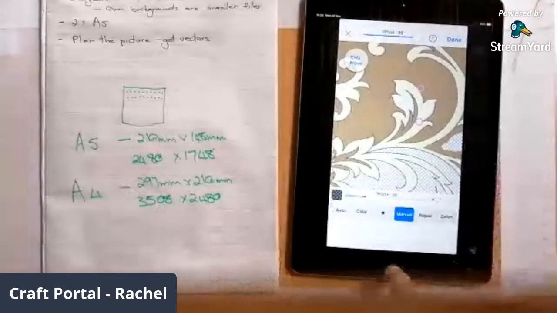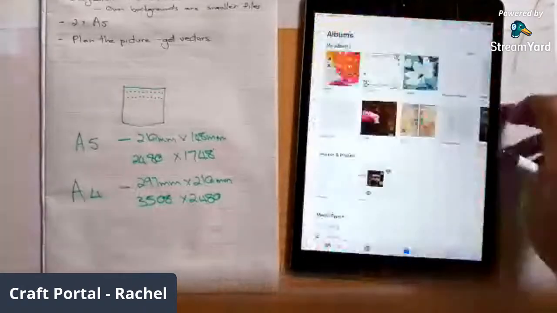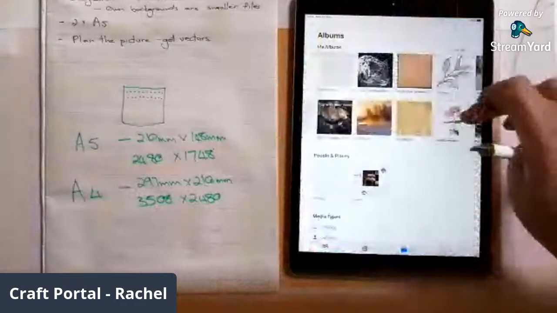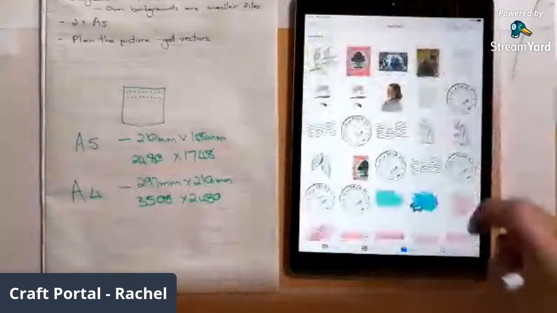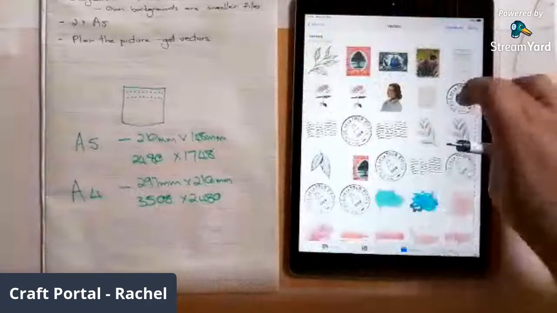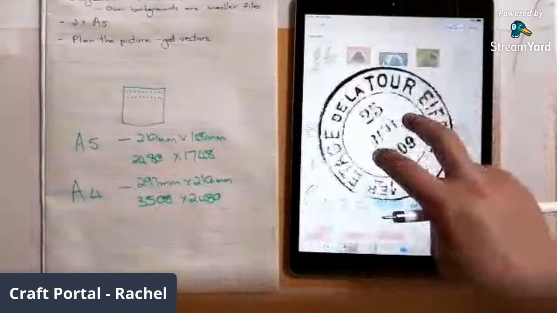Okay, now if we go into my photos, we're looking for a vector file. If you look at a normal picture, which one is not a vector? Do you see this one has a white background?